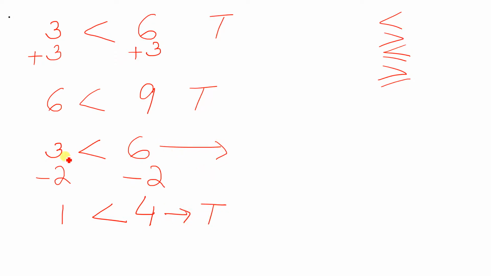Same question, 3 is less than 6. If I multiply both sides with a positive number, suppose I multiply with 2, 2 multiplied by 3 is 6, which is less than 6 multiplied by 2, which is equal to 12. 6 is lesser than 12, again it is true.